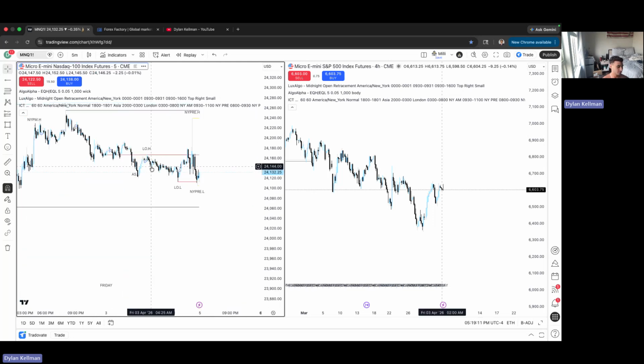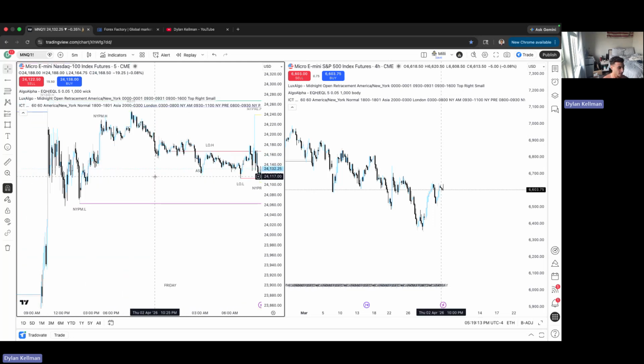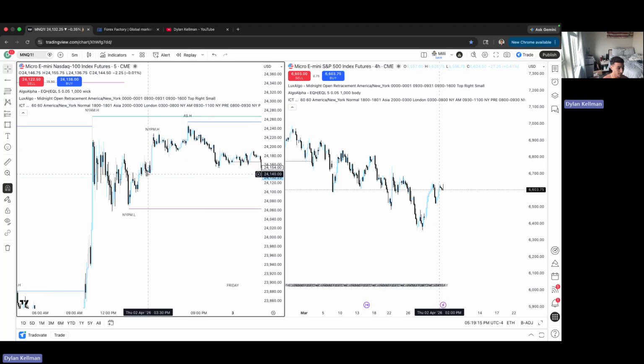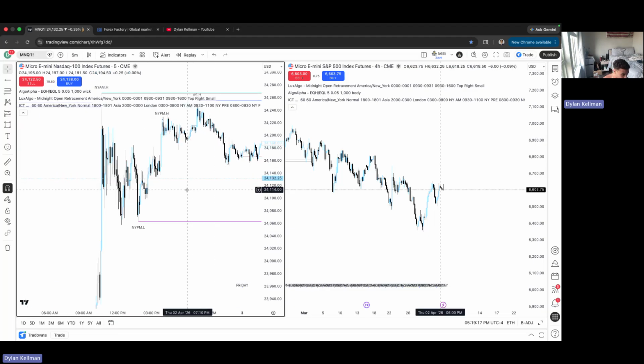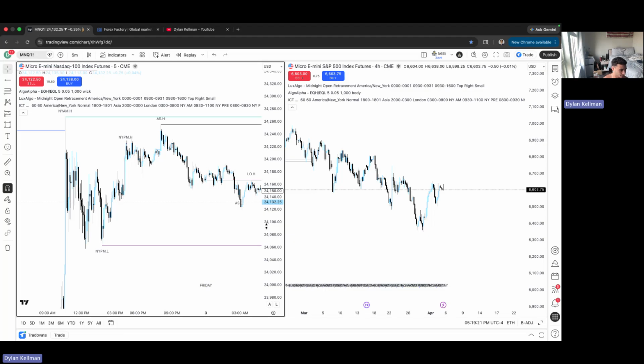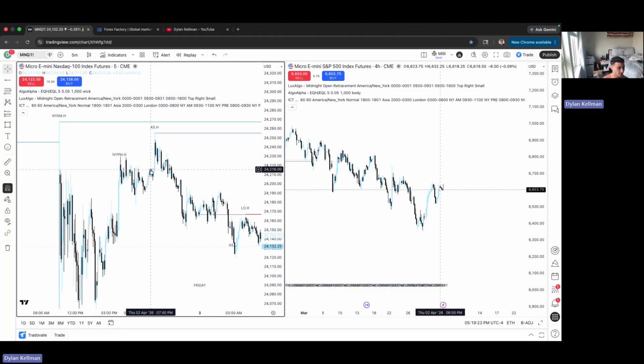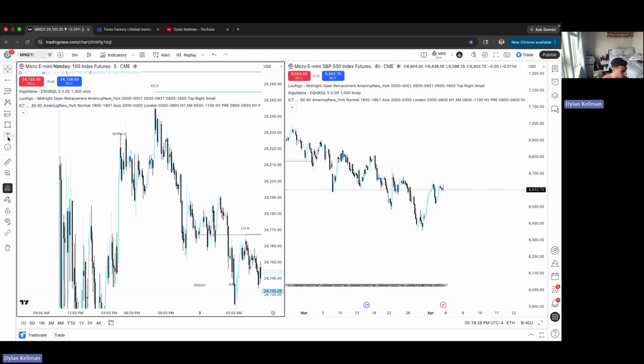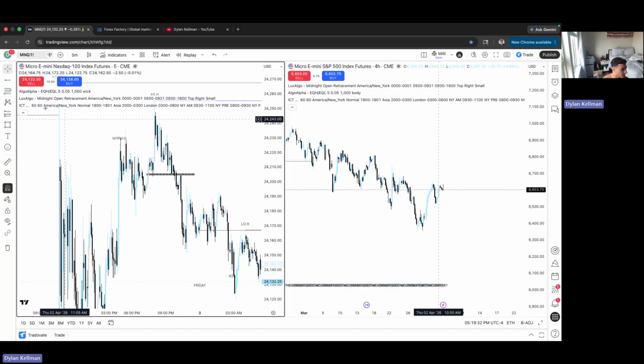Another big thing I want to go over is different market opens, right? Let me give you an example of the trade I took last night. 8 p.m. on Asia, it's Asia's open, right? So the trade I took last night was I tapped this 5 minute. I was bullish to this high, okay?